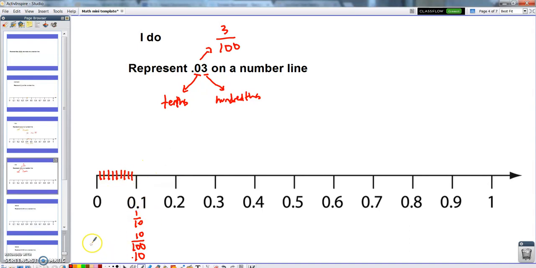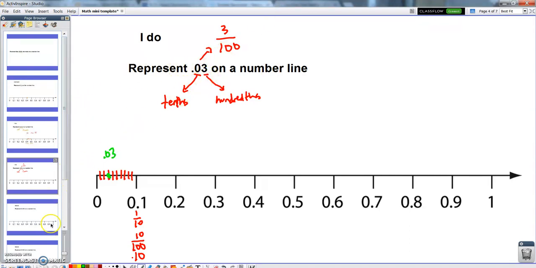Once I get there, I'd have something in the tenths place. So to find the number I'm looking for, I go to 0/10 and then over 3/100ths. 1, 2, 3. So it's right there. That is 3/100ths right there.